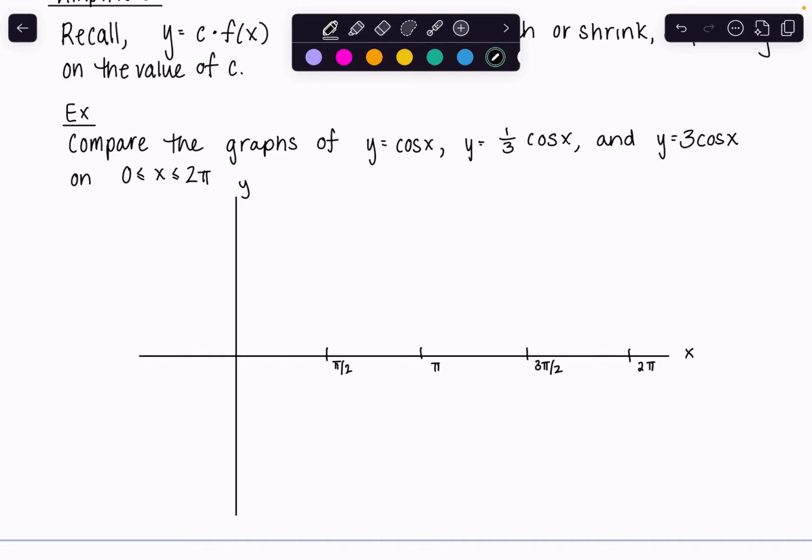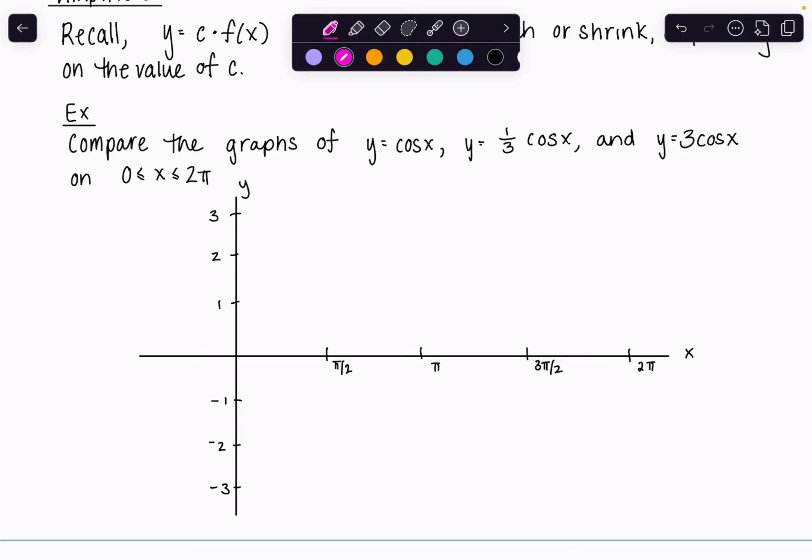So what ultimately is going to happen, instead of being stuck between 1 and -1, your y value can go up to 3. Again, we will show that in a minute. My inside isn't changing at all, so all of my angles I don't have to worry about. We're still going to be concerned with the quadrants.